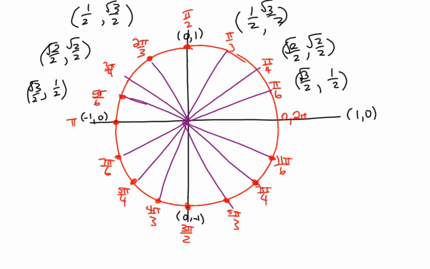Now, what do you have to remember in this situation? Who's negative? Well, it's x, y. So is the x or the y negative here? The x is negative, so all the x's need a negative in front.